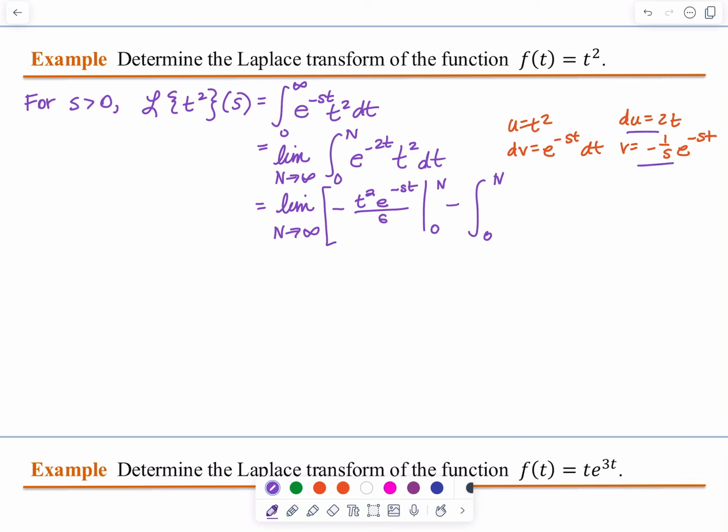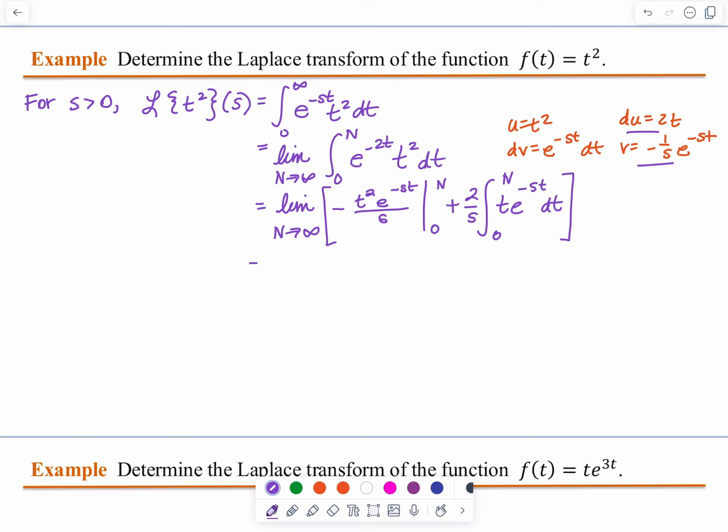So that would make this a plus. And now we would have 2 over s, and we can actually put that on the outside of the integral. So 2 over s, and then we have t e to the negative st dt.